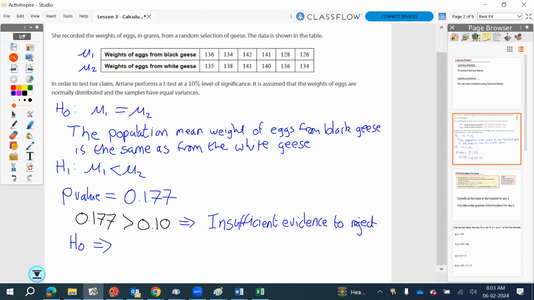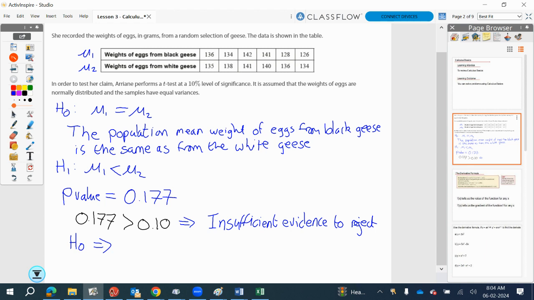What does this tell us? Do we accept or support the claim? You never accept it. Don't say the A word in this classroom. We have to use the wording back: state whether the result supports the claim.